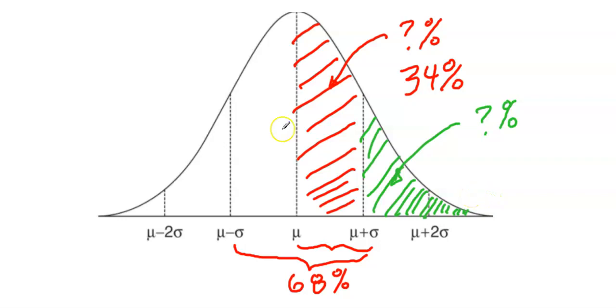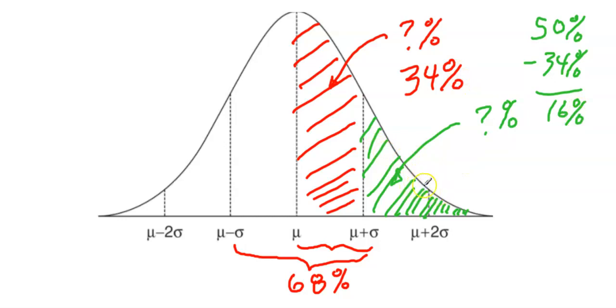Well, if you think about it, the red area and the green area is half of the graph. Half of the graph is 50%. And we know the red is 34%. So if we take 50% and we subtract the 34%, we get 16%. So now we know that this green area in here is 16%.